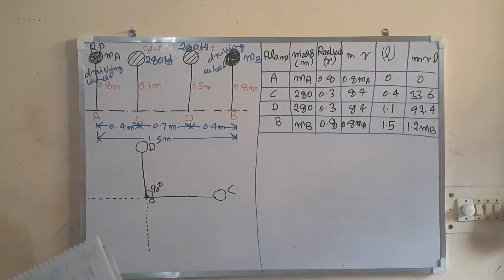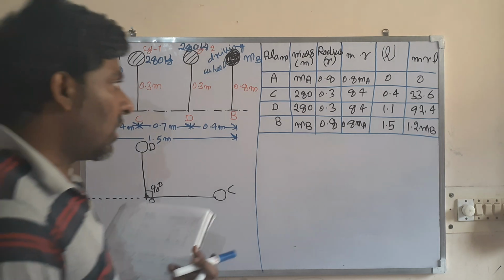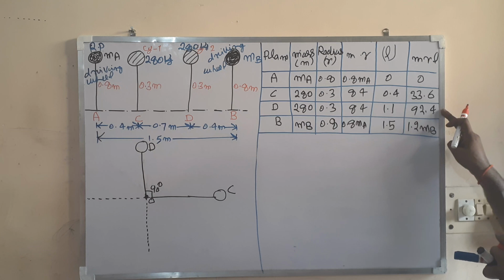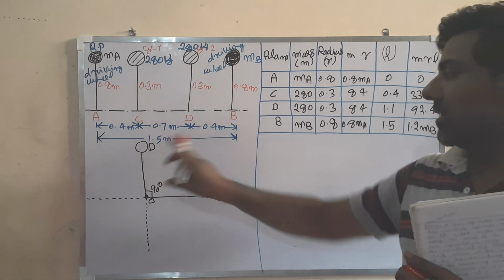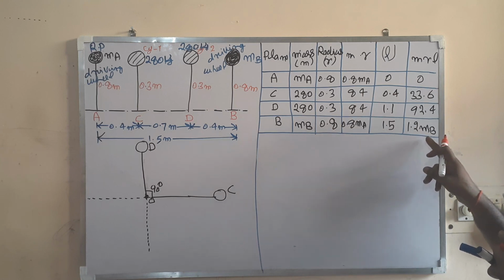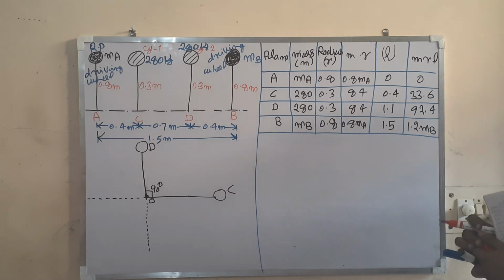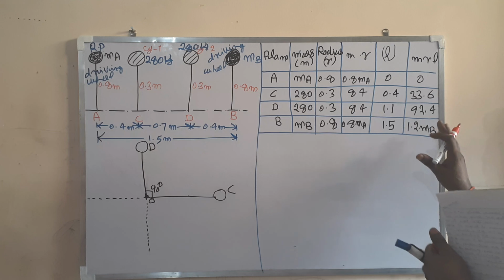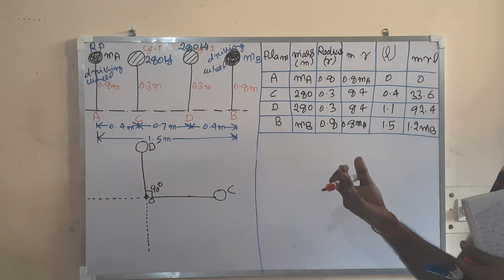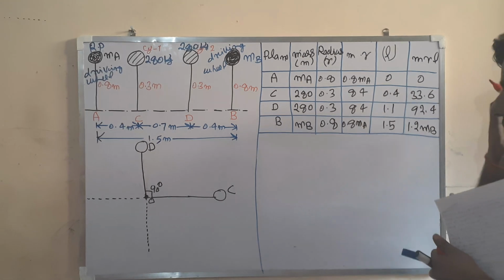This will be decided by the number of unknowns. Look here: C and D are completely known in magnitude as well as direction. Look at the third one, B. You don't know anything about B, not the magnitude, not its angular position, only that it is 1.2 MB.